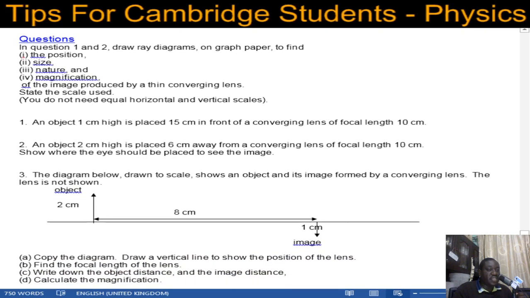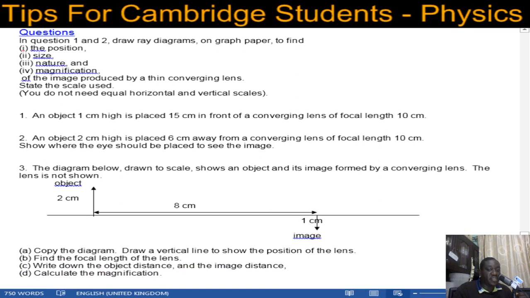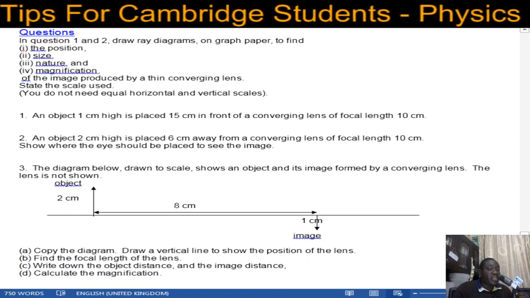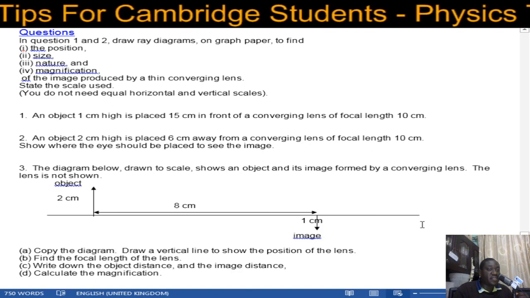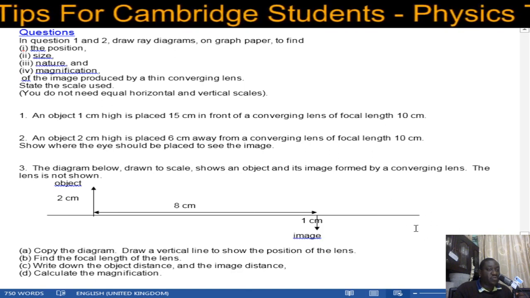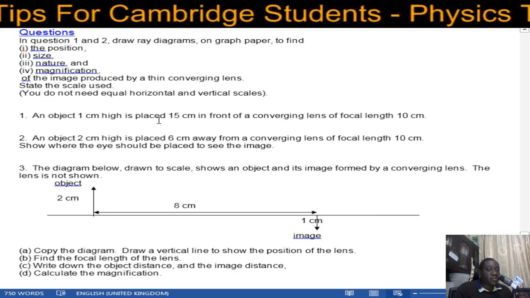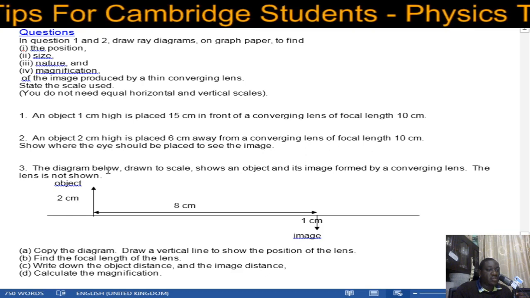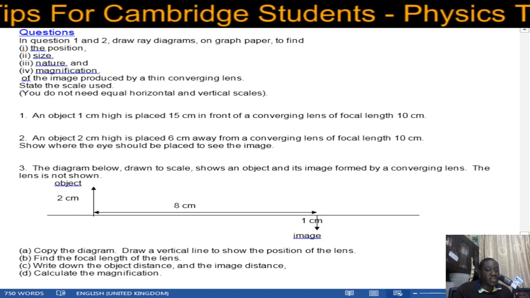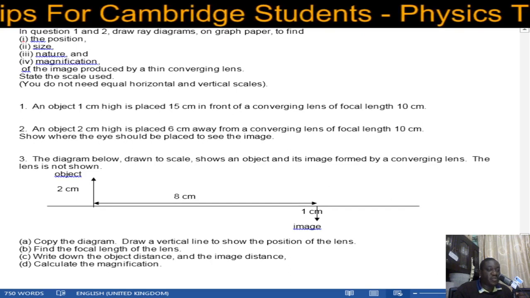Then you attempt these questions and let me know in the comments where you are struggling so that I can help. So you're going to do questions, maybe question 1 and 3. Question 1 and 3 only. Maybe you can do all. Question 1 to 3 is fine.